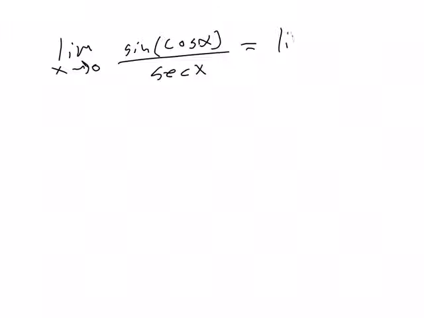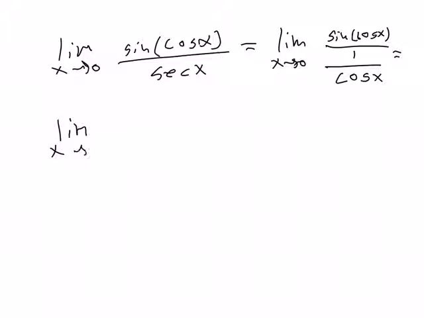Well, this is equal to the limit as x goes to 0 of sine of cosine of x over 1 over cosine of x, which is equal to the limit as x goes to 0, and this jumps up here, of sine of cosine x times cosine of x.